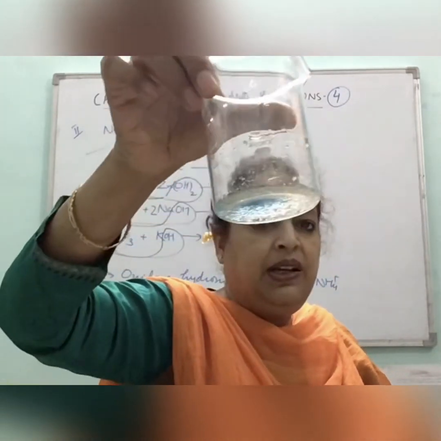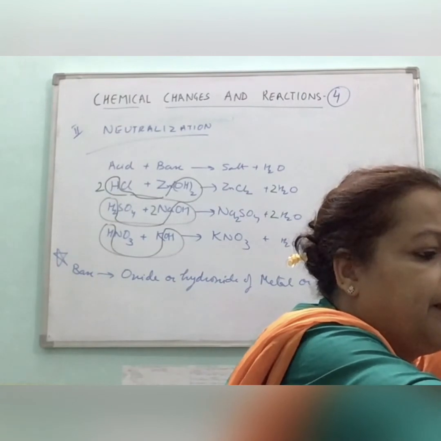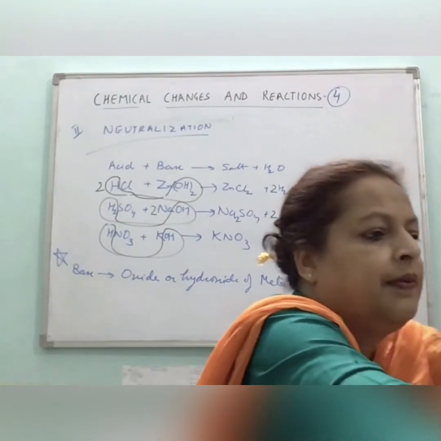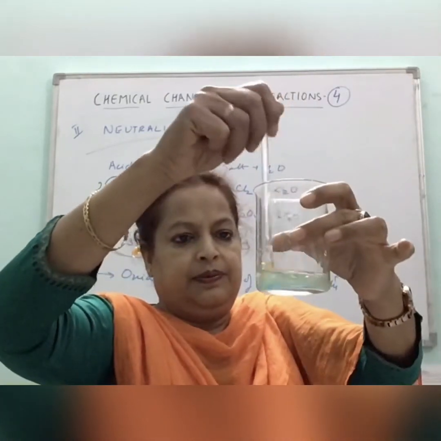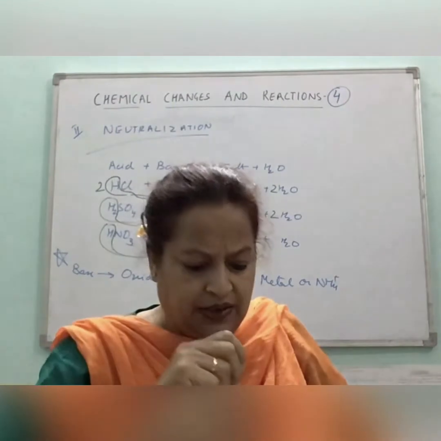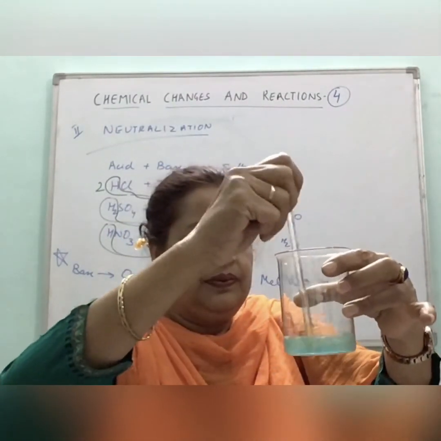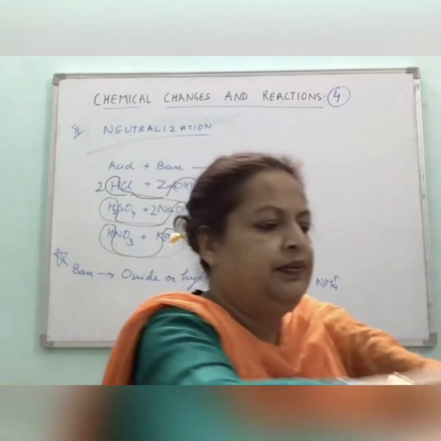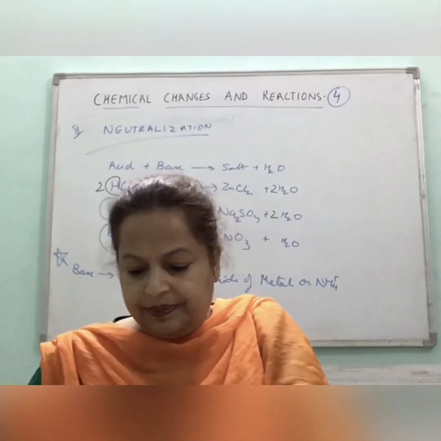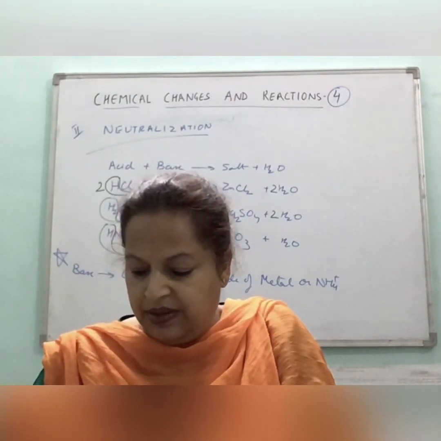Since it is blue in color, it is also called blue vitriol. I have taken a little bit. It should dissolve. Blue vitriol. Let's dissolve it. And now I'll add NaOH. A little bit has dissolved.